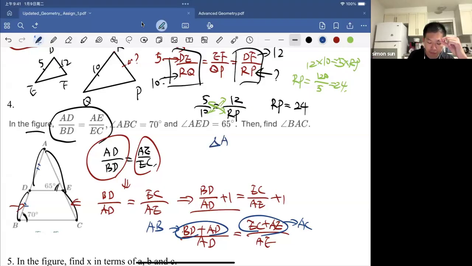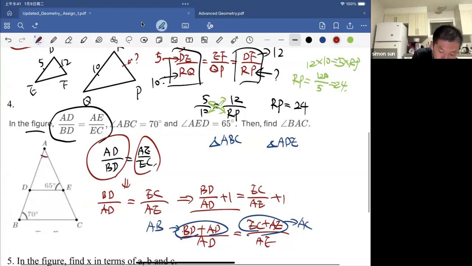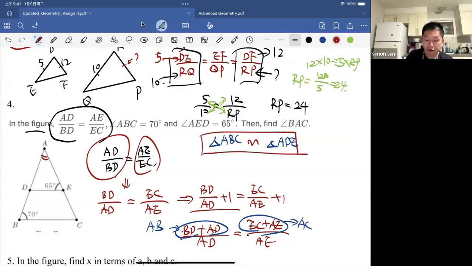It's triangle ABC and triangle ADE, the largest triangle in the graph and the top small triangle. We already proved their two corresponding sides are proportional, and they also share the common angle A, so the included angles are also equal. So we prove those two triangles are similar.